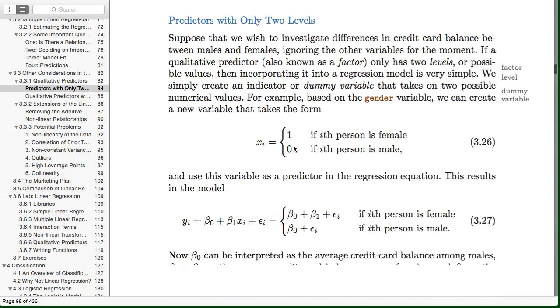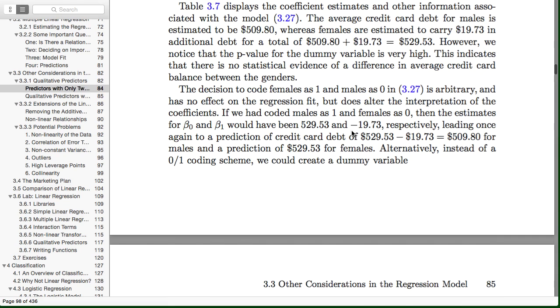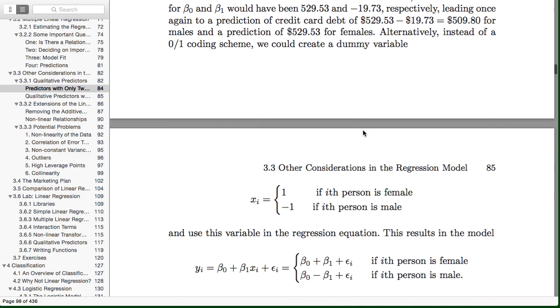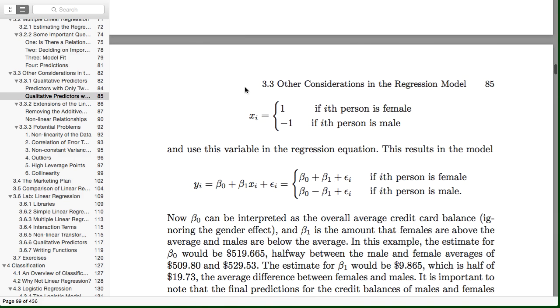Now we could do this in different ways. I think that they talk about doing it this way. If we encoded males as 1 and females as 0, we would have gotten a beta naught of 529 and a beta 1 of minus 19. Another way that we could do it, which I don't see at all, and isn't as common I think because it requires 2 calculations instead of 1, is to encode them as 1 and minus 1.